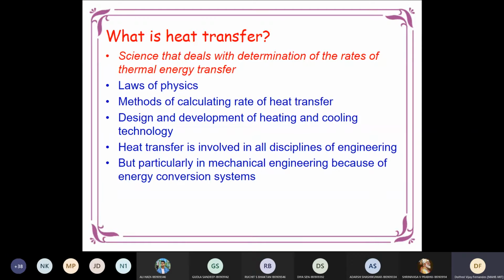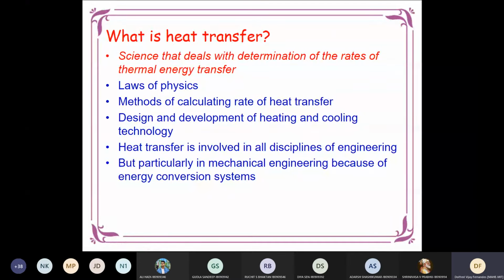So we make use of laws of physics, and we can put the physical problem into mathematical form. Then we study different techniques for estimating and calculating the heat transfer. Then we can also design and develop heating and cooling technology.